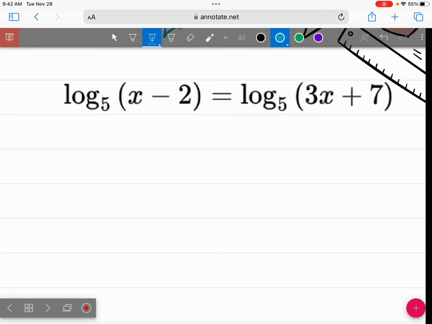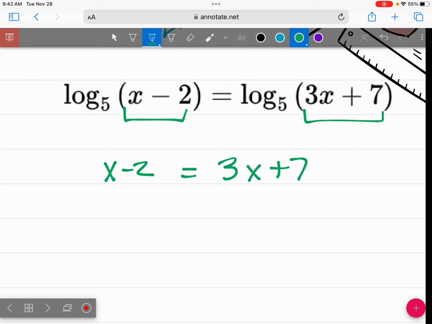It's called exponentiating. But what we're really saying is, hey, my two arguments have got to equal each other because my log bases are the same. So x minus 2 has to equal 3x plus 7. For log base 5 of those to equal each other, the argument's got to be the same.